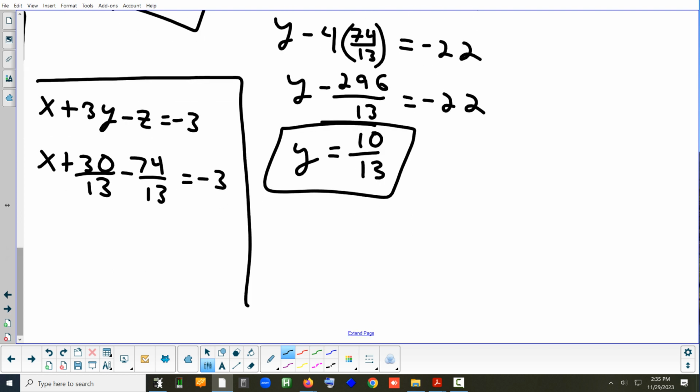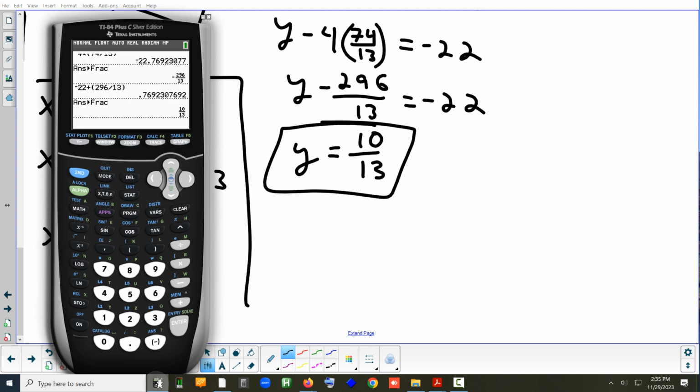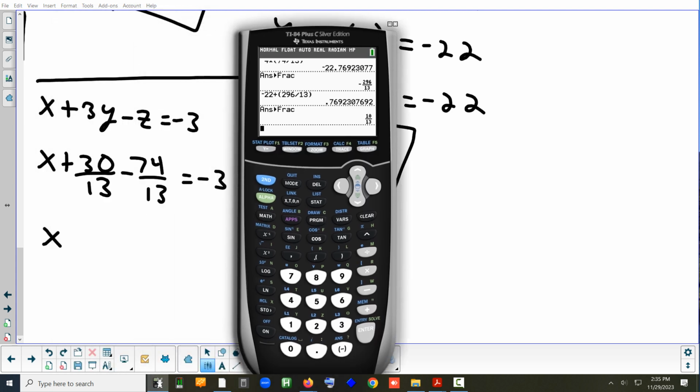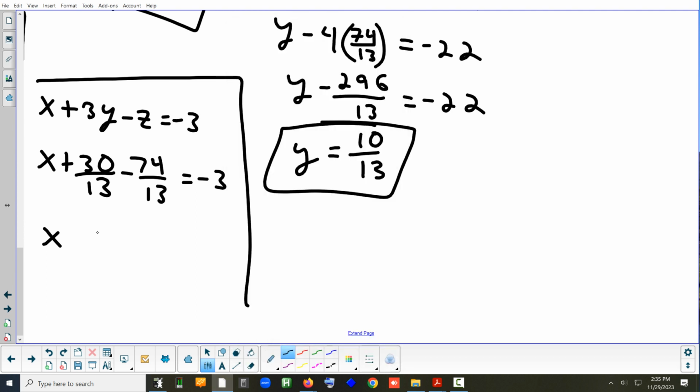Okay, and I know they already have a common denominator, but I don't even want to think about it. I'm just going to type it all in. So I got 30/13 minus 74/13. Okay, and what can I press? Fraction. So that's negative 44/13.